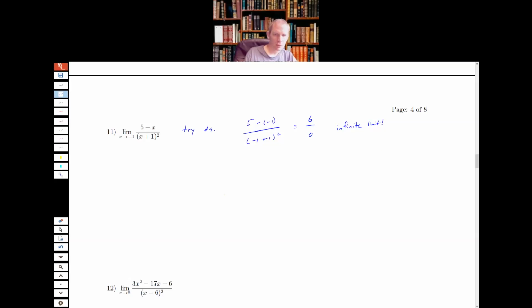Okay, so the way that we deal with infinite limits is a little bit different. I know my answer is going to be infinity, negative infinity, or does not exist. So I don't need to really worry about specific numbers. What I need to worry about is, do I get a positive, a negative, or a little bit of both? So what I'm going to do is look at the left hand and right hand limit separately.